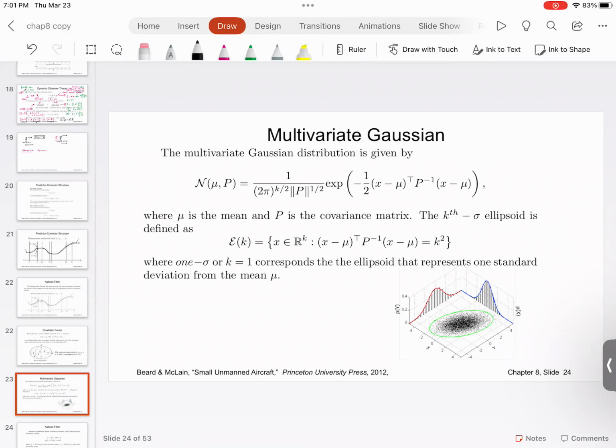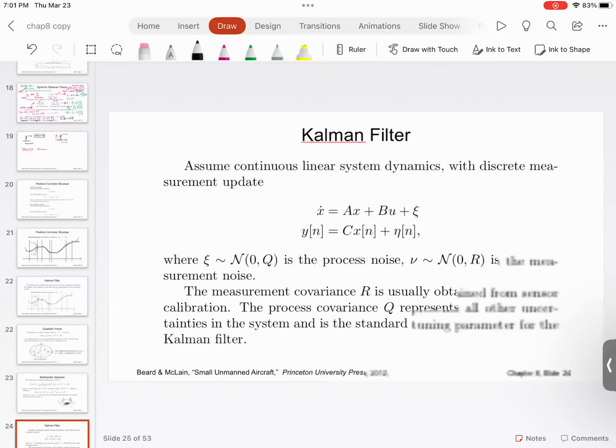What is the effect of that combined error on the overall distribution of error? So we have something called the multivariate Gaussian, wherein you have two processes and both of them are normal variations. But how do you combine these two together? For that you get the multivariate Gaussian.